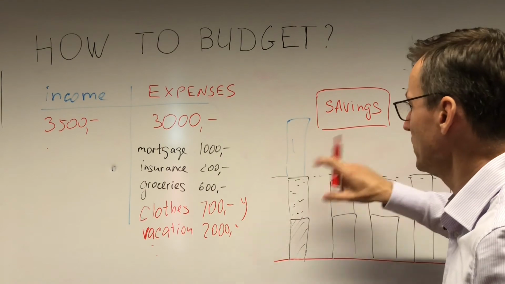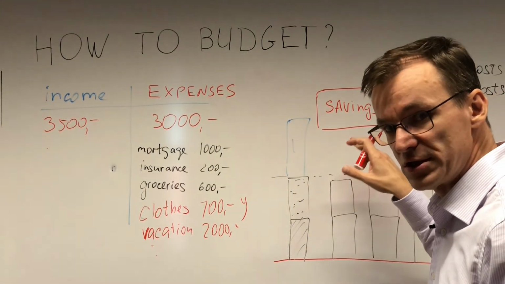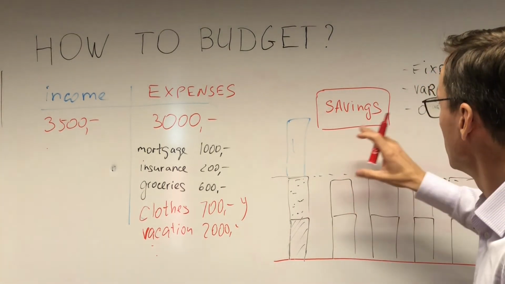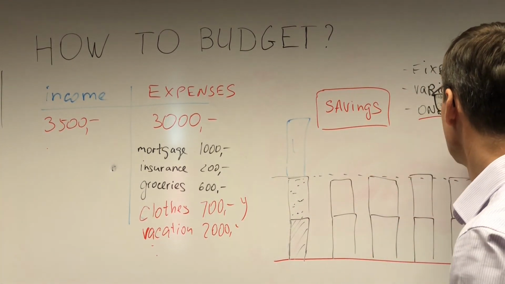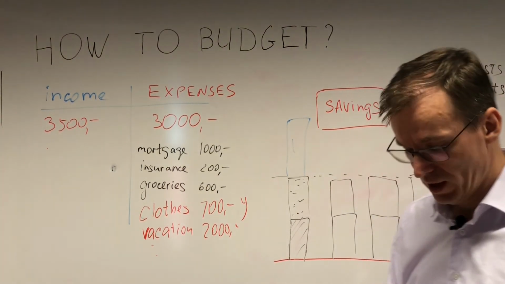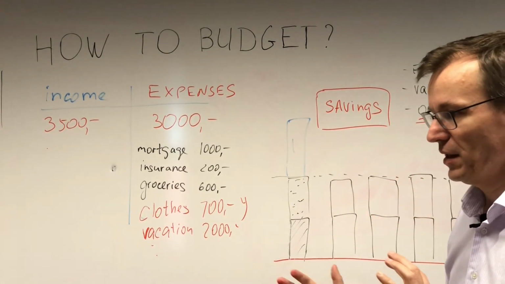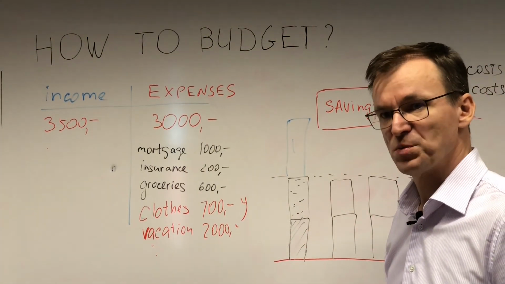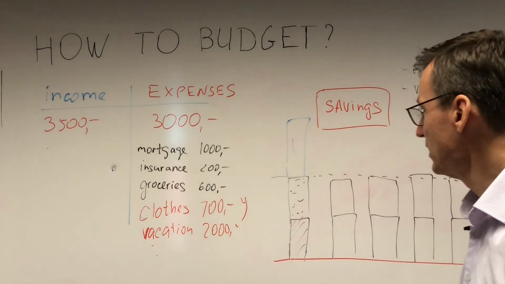I will make another video on how to calculate how much money you need on your savings account to be safe. But for now, let's just say that this third category comes from your savings. That's important to know, and it impacts your cash flow planning, how much money you actually need each month to keep going.